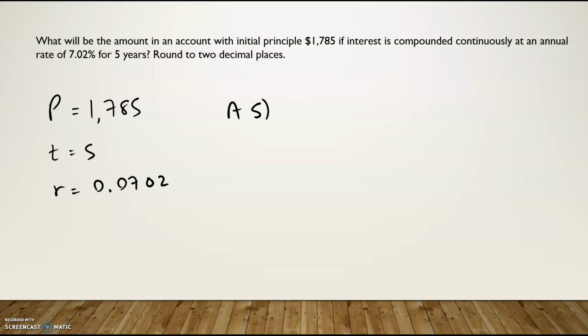So after 5 years, 1,785 times E raised to 5 times 0.0702.